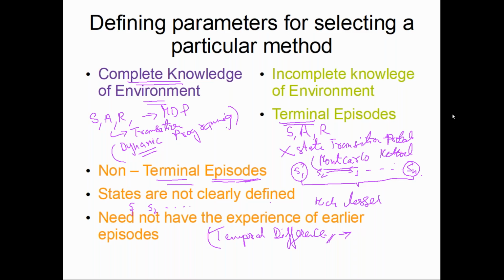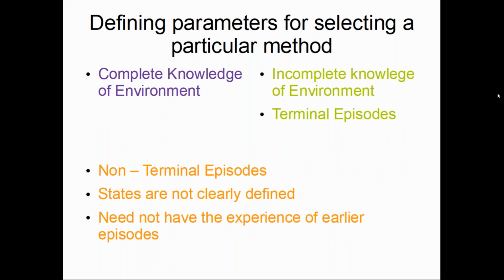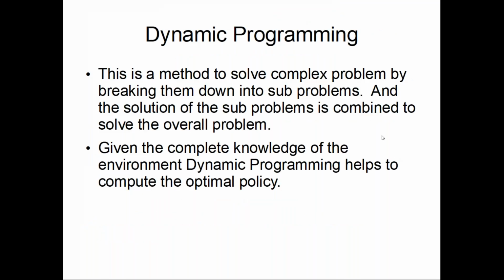First we'll look at dynamic programming. This is a method to solve complex problems by breaking them down into sub-problems, and the solutions of the sub-problems are combined to solve the overall problem. Given complete knowledge of the environment, dynamic programming helps to compute the optimal policy.